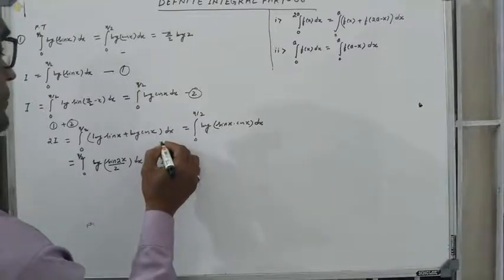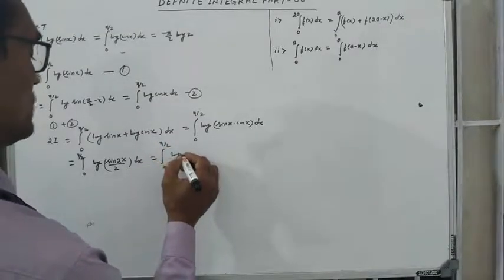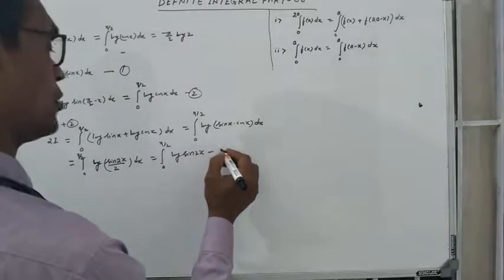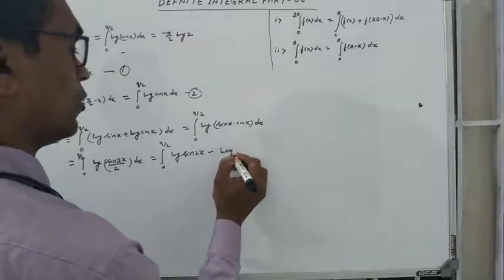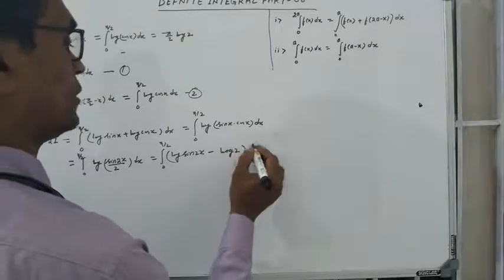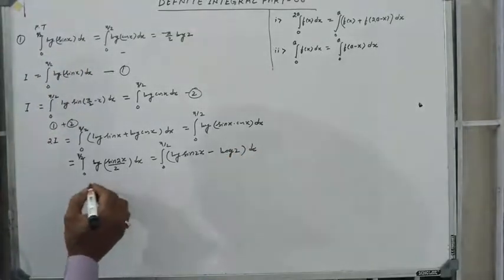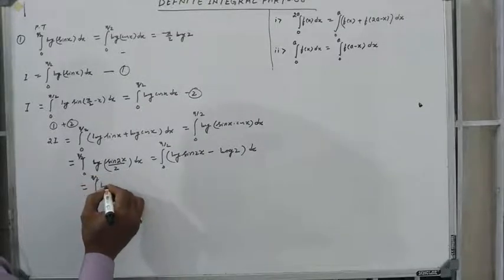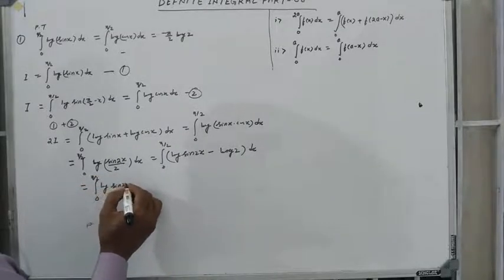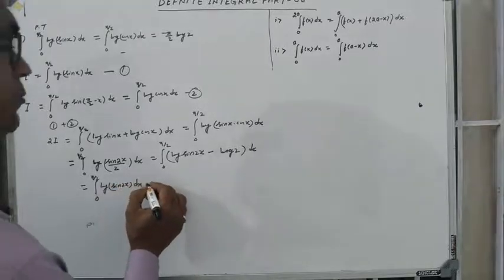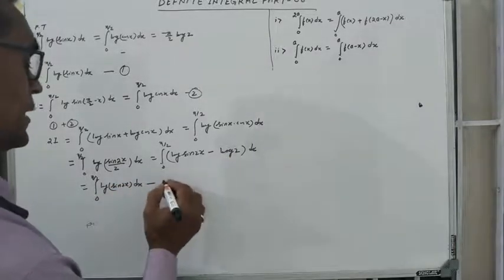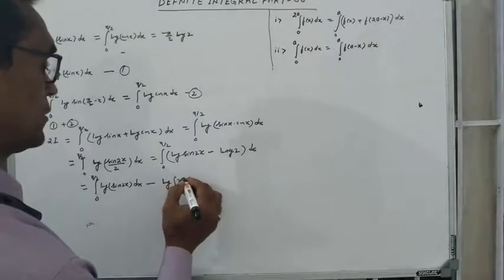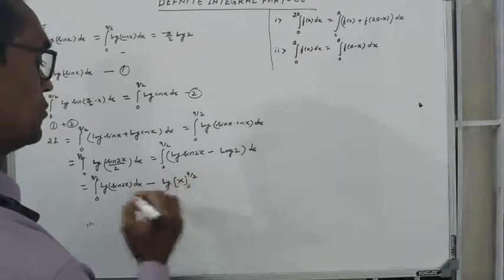This is log of sin 2x minus log 2, and whole dx. This is equal to the integral from 0 to pi by 2 of log sin 2x dx, and minus the integral of this, which is x log 2, so log 2 and x from 0 to pi by 2.